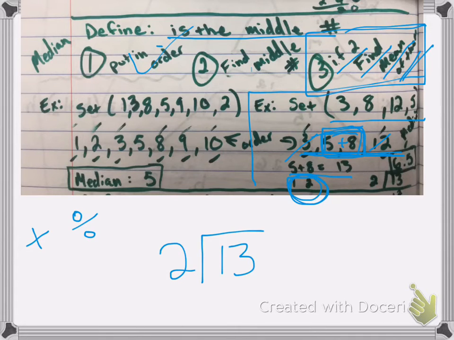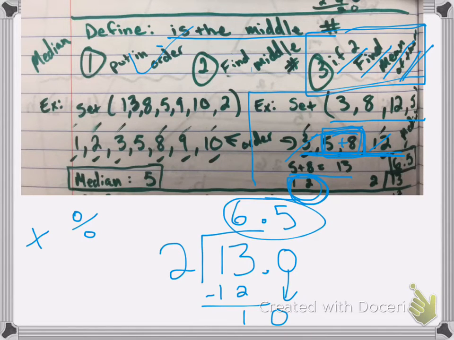I had 2. 2 doesn't go into 13 wholly, but we can go into 13 6 times, which gives us 2 times 6 is 12. Subtract, you get 1. Bring down your 0. 2 goes into 10 5 times. So in this case, your median is 6.5.